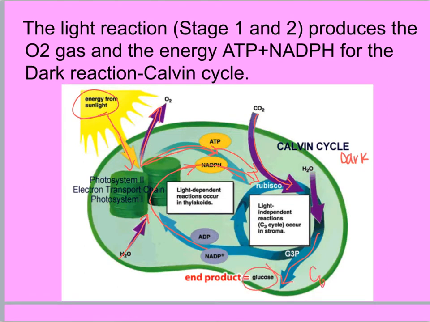Glucose, if you recall, is C6H12O6. So your carbon and oxygen comes from carbon dioxide, and your H is going to come from NADPH to make your glucose molecule. And then humans can turn around and eat this plant in order to gain carbohydrates, which our bodies can turn into energy.